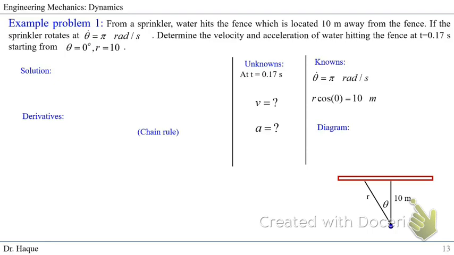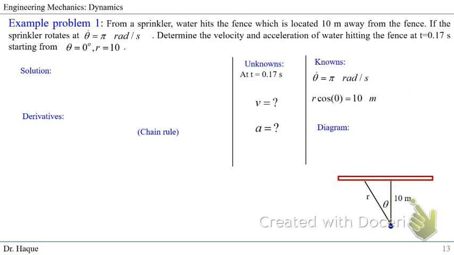So let's draw the diagram. By the problem, if theta is 0, then r falls on this line. That's why r cos theta equals 10 meters.